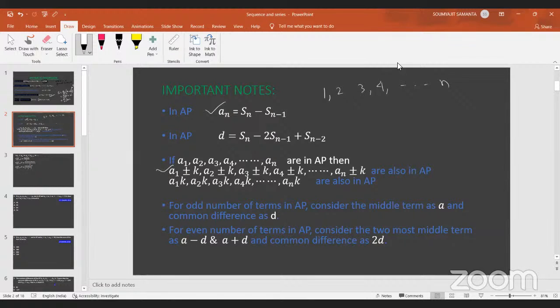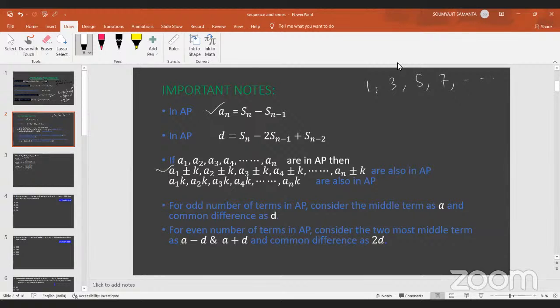What about if we multiply? Let's say I am taking a different example. Suppose I'm taking 1, 3, 5, 7, dot dot. See here the common difference is 2, so that is an AP.